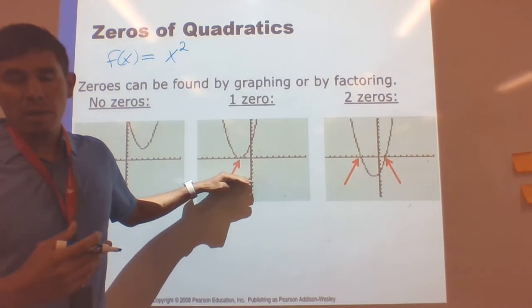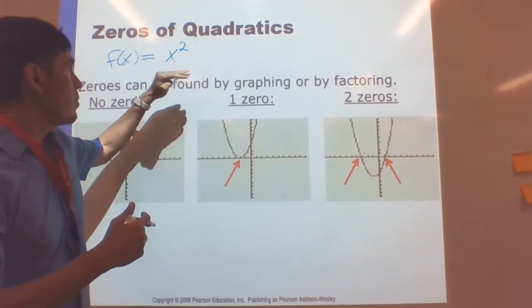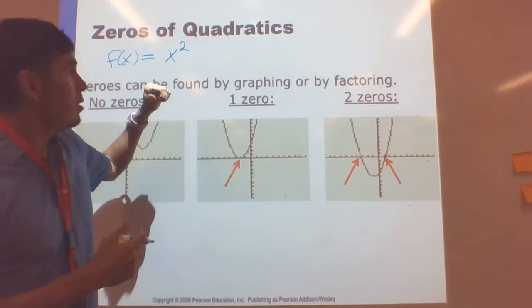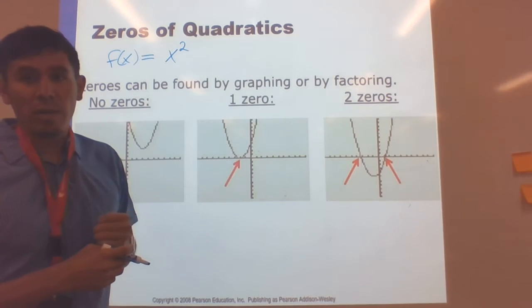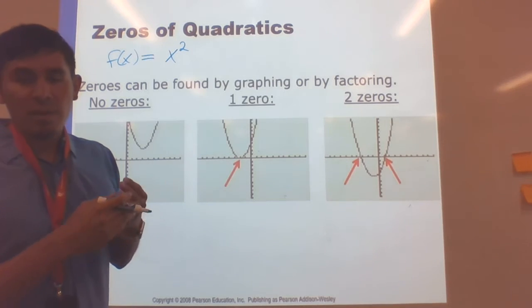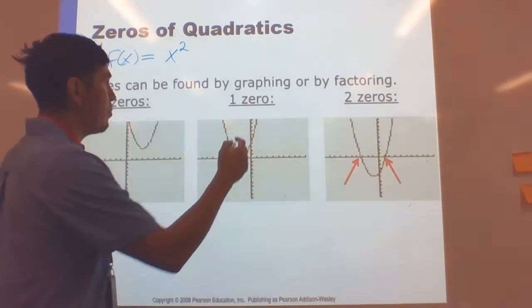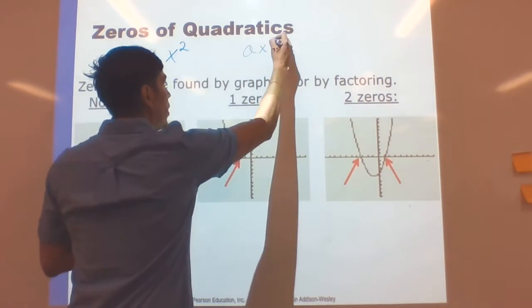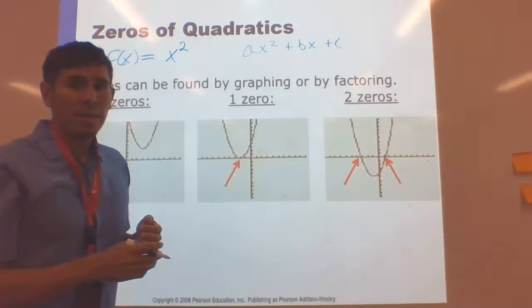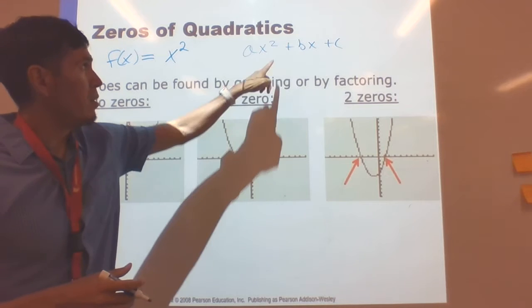So the new function we're going to talk about is the parabola. This is the parent function of a parabola. The most basic, simplest form is expressed as f of x equals x squared. Anytime you have a polynomial whose highest degree is 2, it's a parabola. For example, ax squared plus bx plus c is a parabola because the degree is 2.